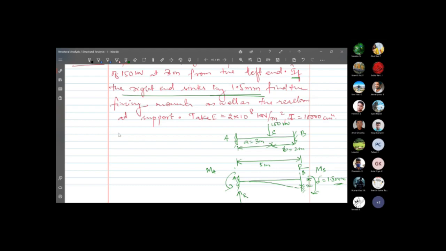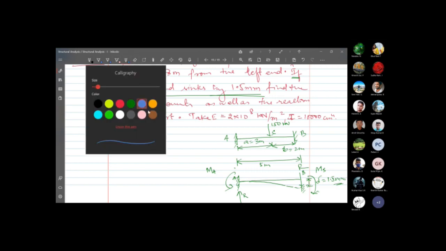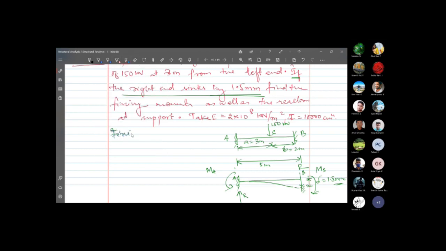So let us first calculate the fixing moment or fixed end moment. Let me change the ink. Fixing moment MA. For this condition, since MA is in anti-clockwise direction, it will be minus WAB square by L square minus this delta.